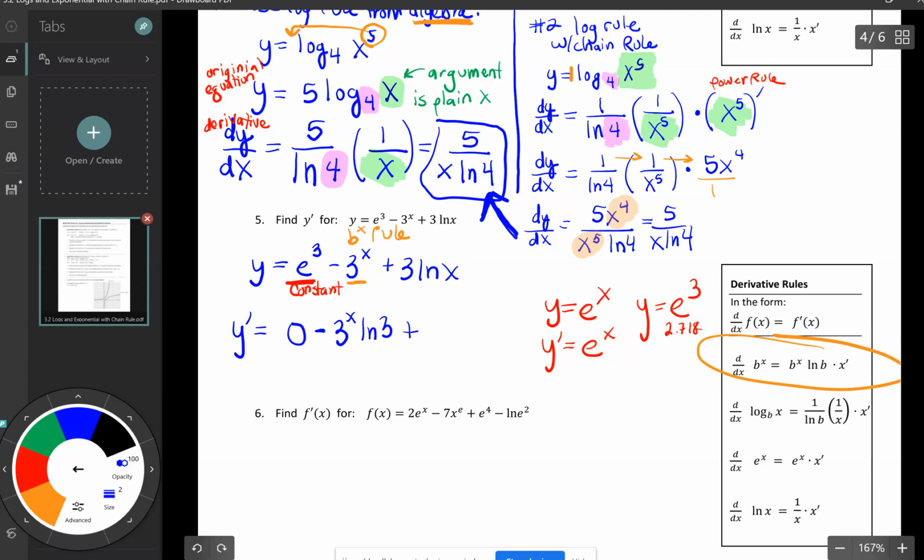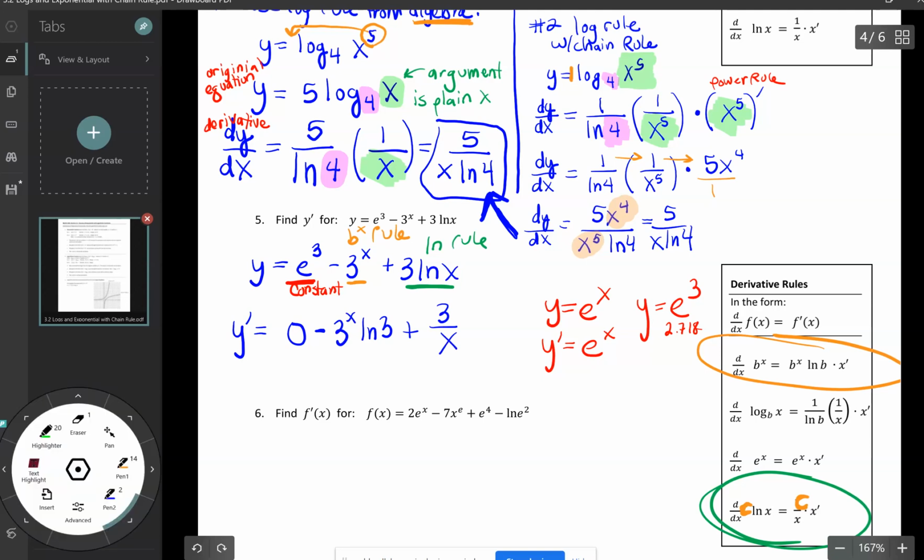And then I'm adding, this last piece has an ln of x, so I'm going to follow my ln rule. And it's the basic ln rule here. So it's this one down here. The rule says that if there's a constant in front of the natural log, the constant ends up in the numerator. I have a 3 in front, so the 3 is going to end up in the numerator. So that's just 3 over x.